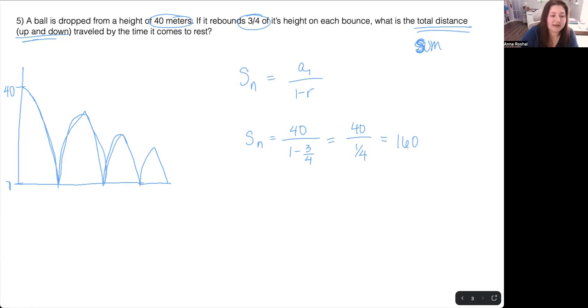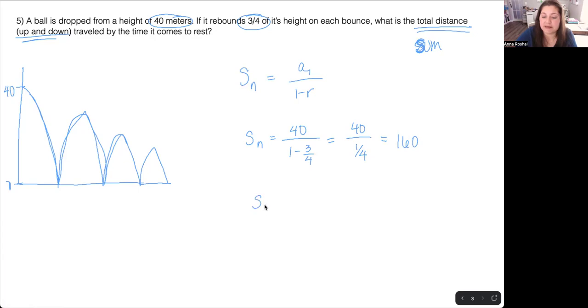When I take this and I notice that 160 is just either the down or the up, I need to do both down and up. So I need to actually double that distance.